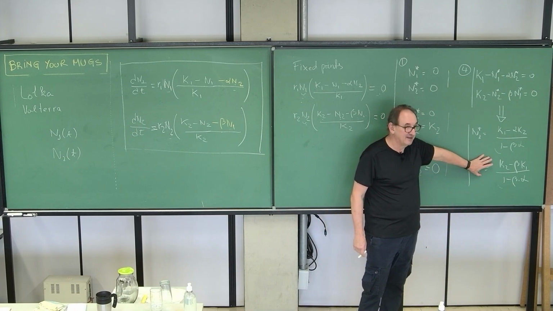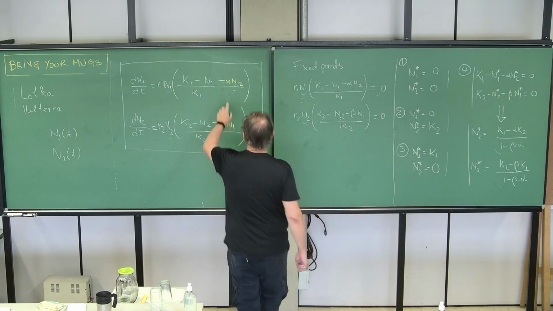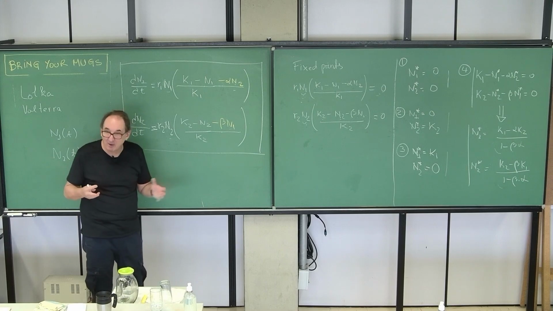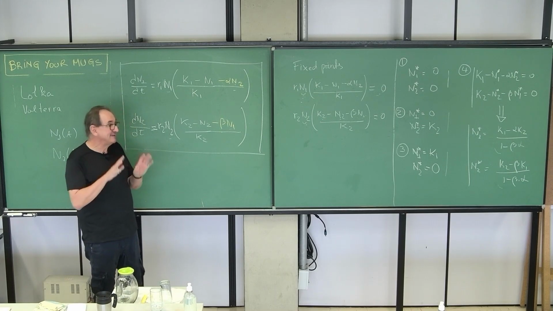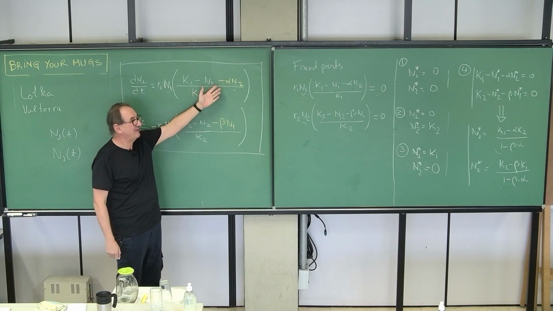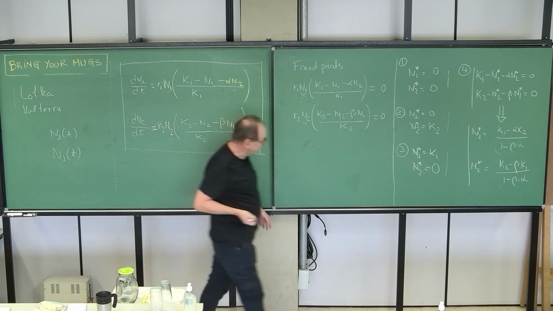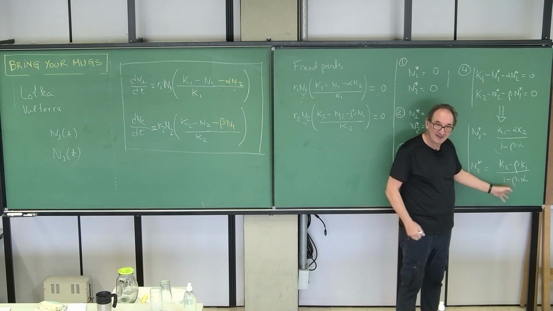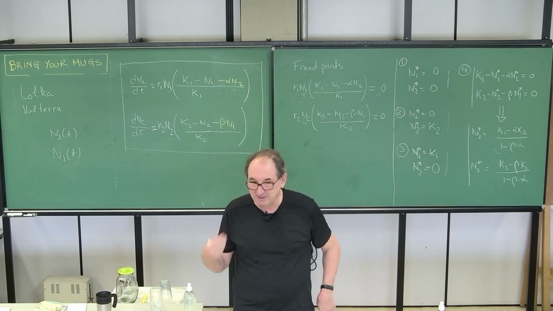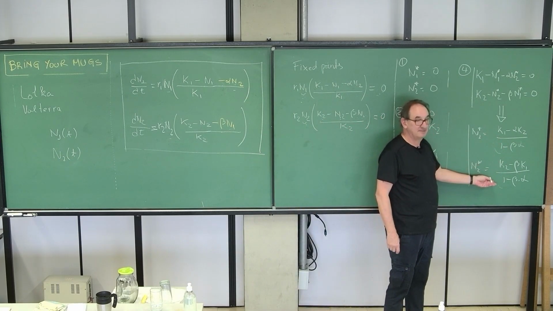Which would mean that the strength of the interactions is somehow weak. Because you could have one bigger than one and the other so small that the product would still be smaller than 1. But in the situation where alpha and beta are both smaller than 1, there is the possibility of coexistence.